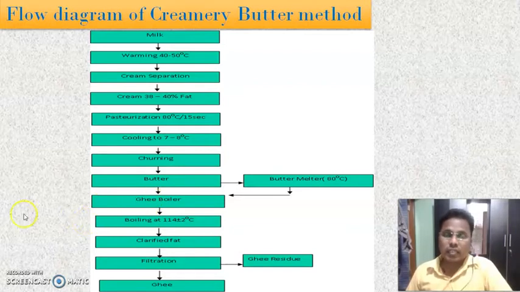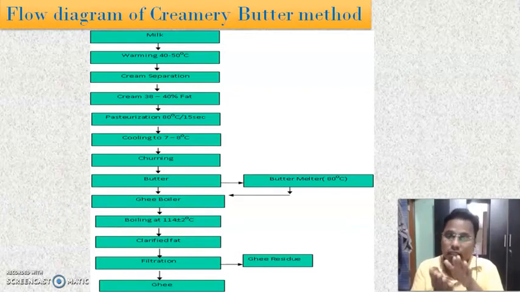When the boiling starts, a scum generally forms over the surface of this butter, and it is gradually removed with the help of a perforated ladle.